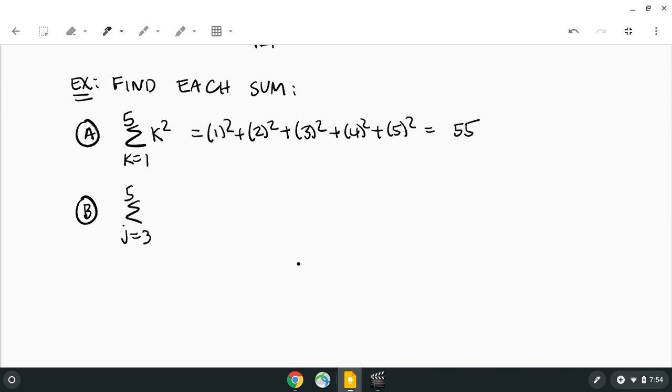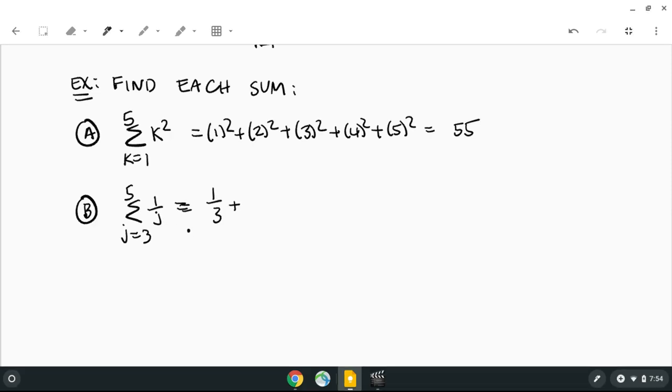All right. Your function is going to be this. We need to find the third term. To find the third term, we plug 3 into this function. So 1 over 3. To find the fourth term, I'm going to plug 4 in right here. So I get 1 over 4.